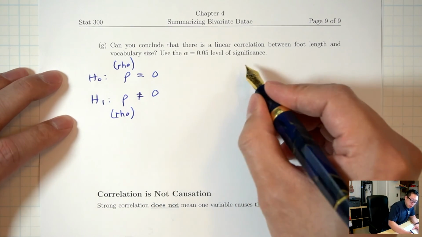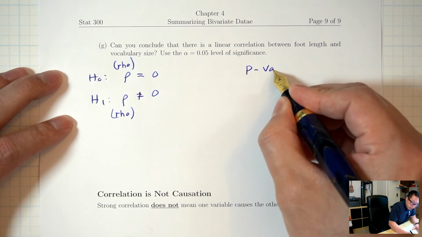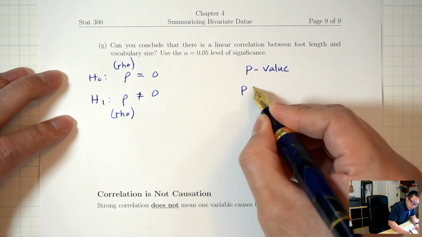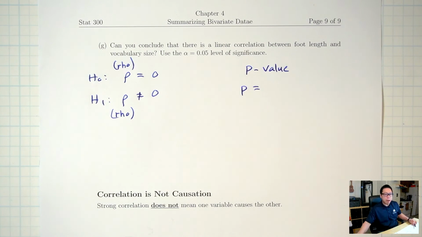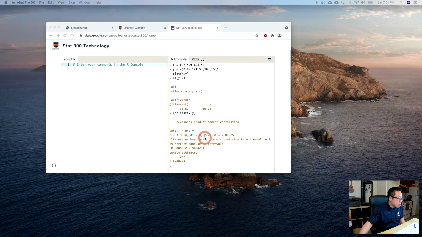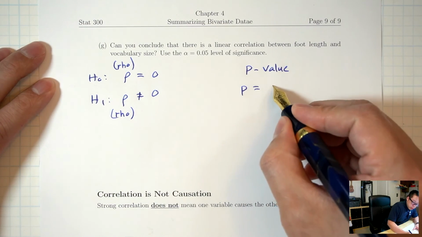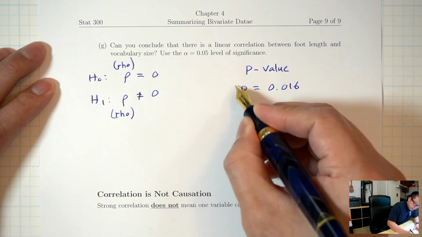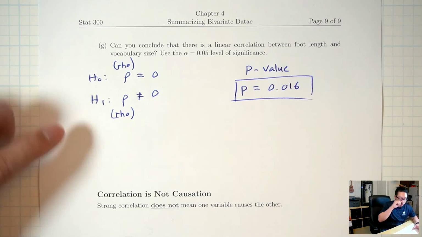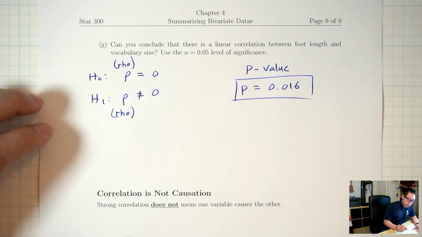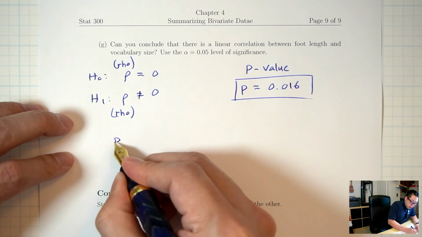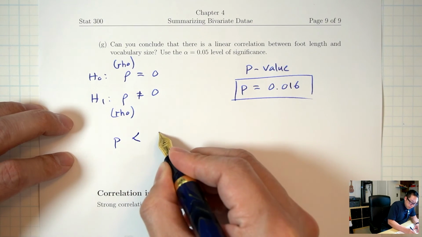And then I'm going to ask for the p-value. And the p-value we actually already have when we did the cor.test. So if we go back to R, it says p-value is 0.016. And then do we reject or don't reject H0? So to decide, take your p-value and see if it's less than the alpha.